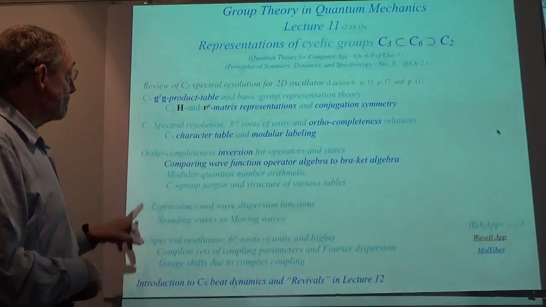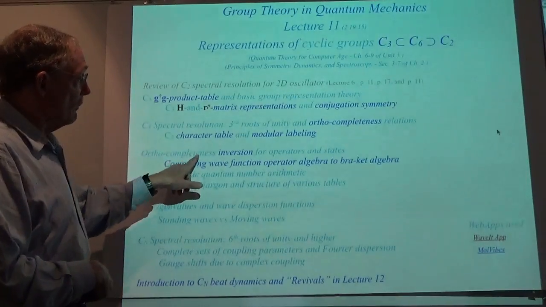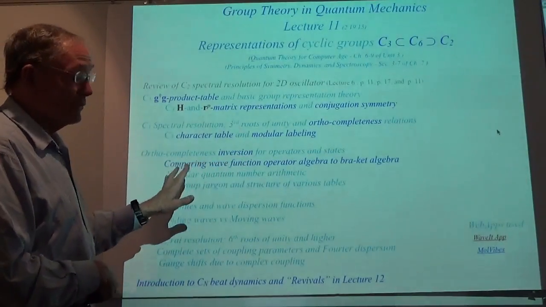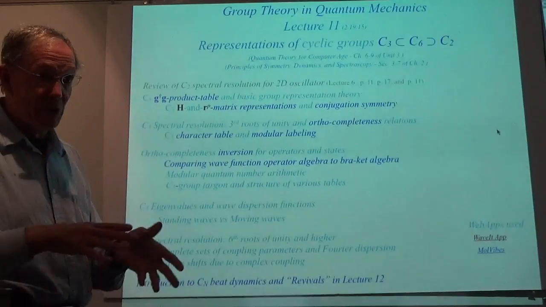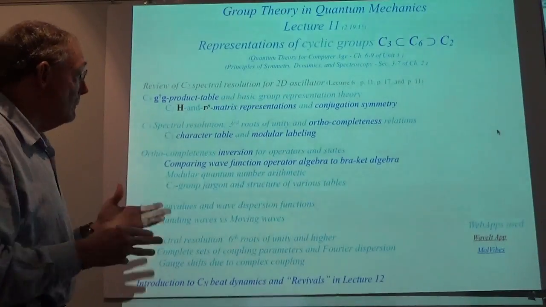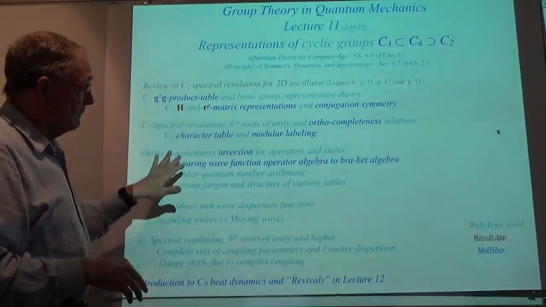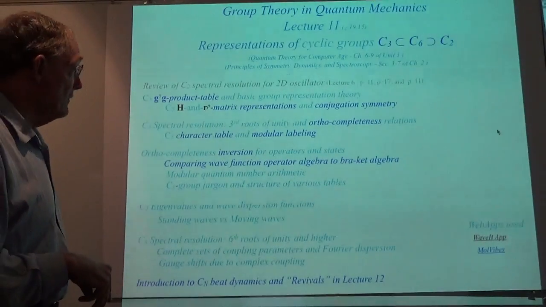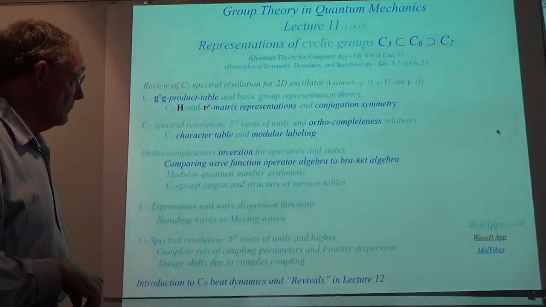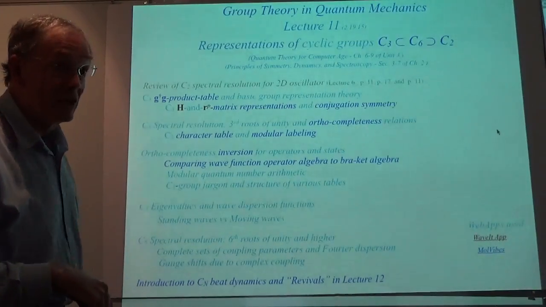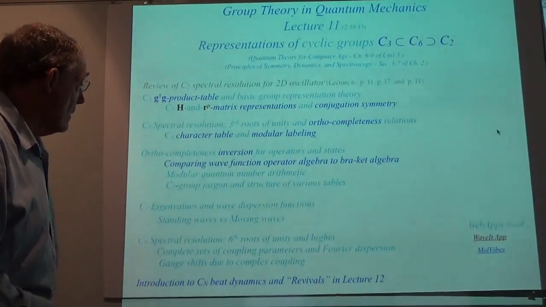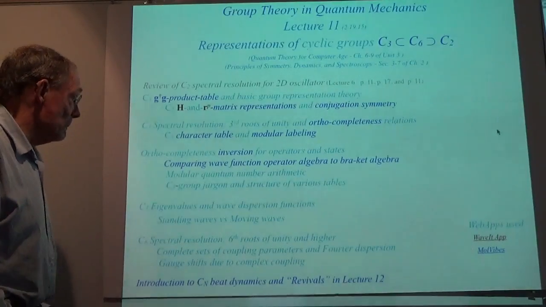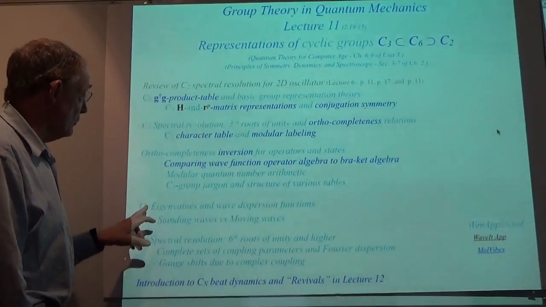And the whole business of orthocompleteness, all of the stuff that we learned about projective idempotence, that's going to come up here. And it's the way that group theory can be done in the most efficient way I know of, and applied to the quantum mechanics or classical mechanics that arises from systems of symmetry.